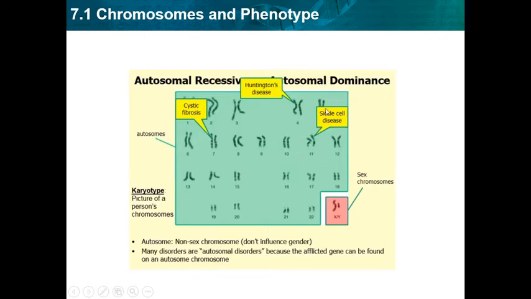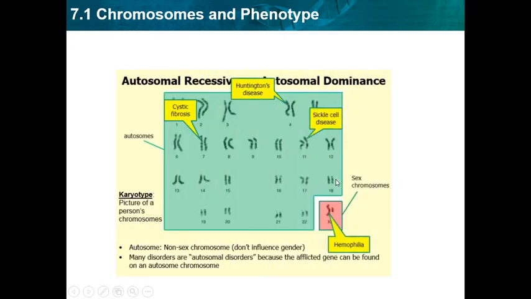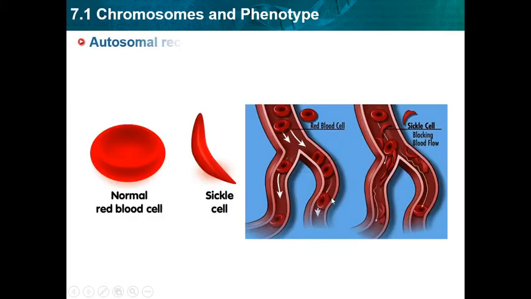So these 3 are just examples of autosomal disorders. And there is also an example of a sex chromosome disorder, which we call hemophilia. We will discuss this in the next lesson.